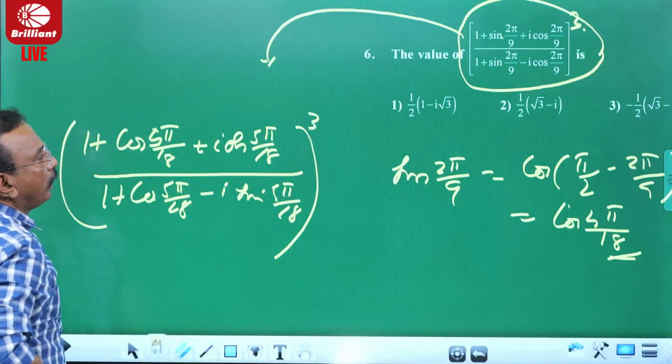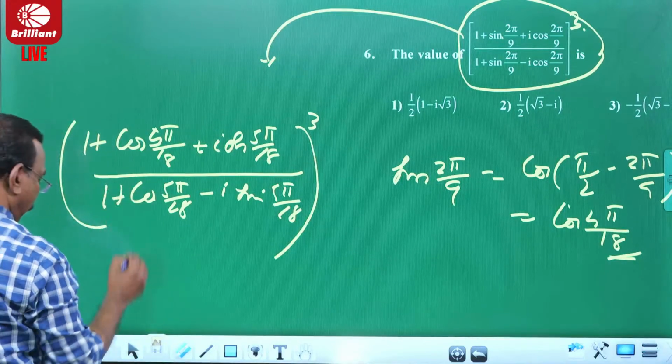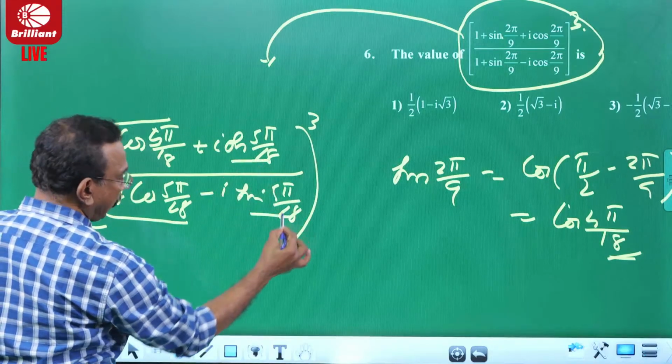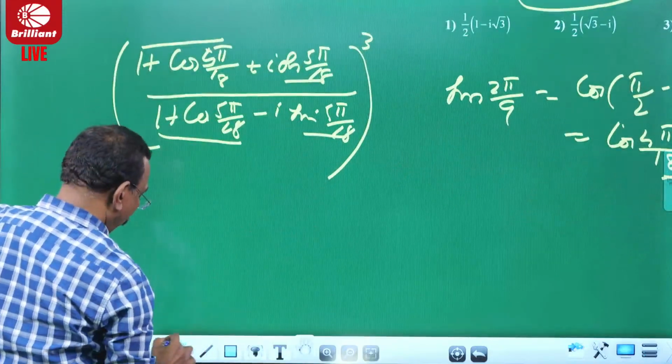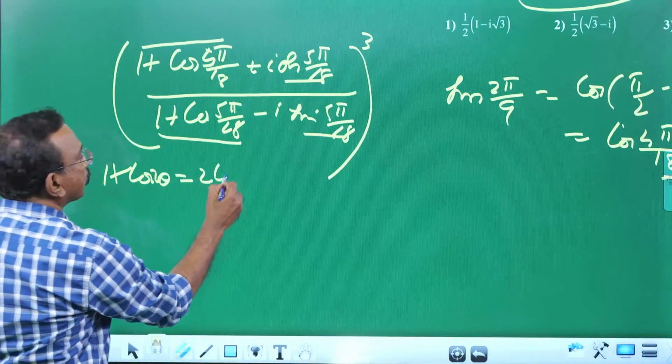So we can simplify both by seeing our conversion: this expression is 2 cos square, and we can apply it here too. So what is 1 plus cos theta? 1 plus cos 2 theta is equal to 2 cos square theta.